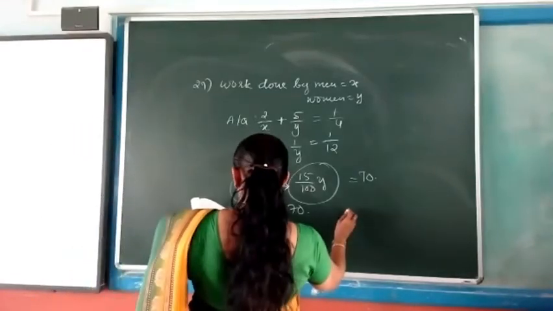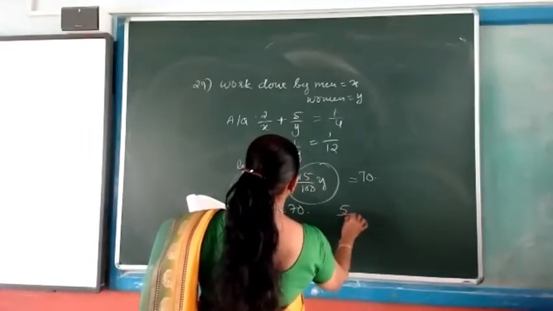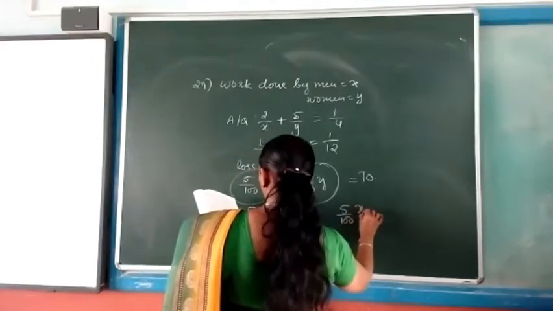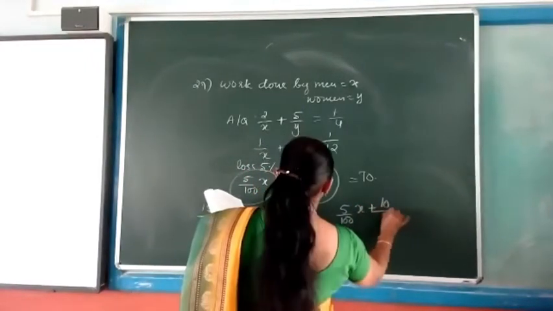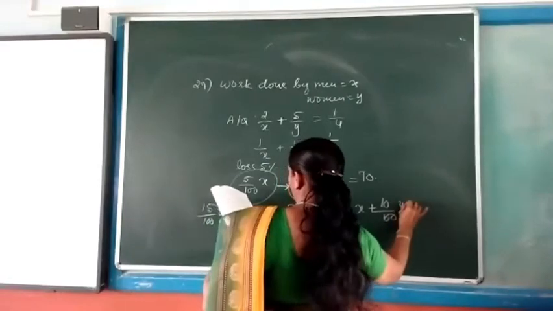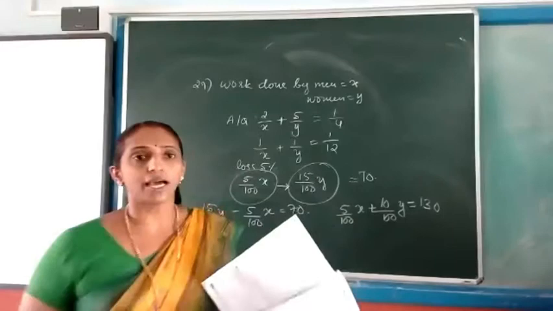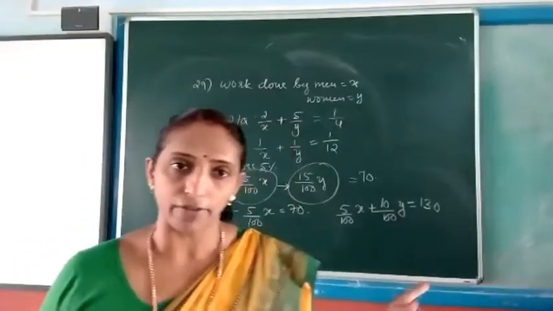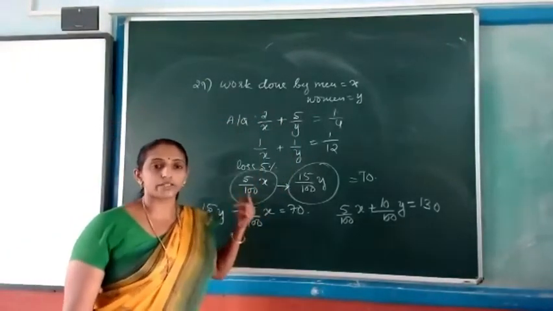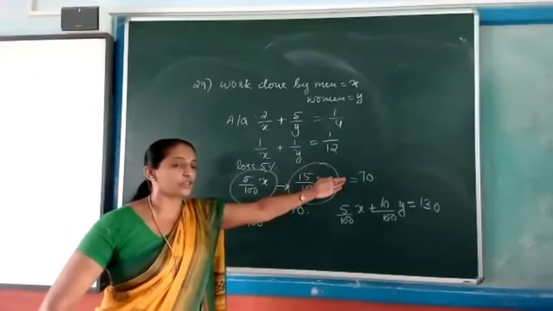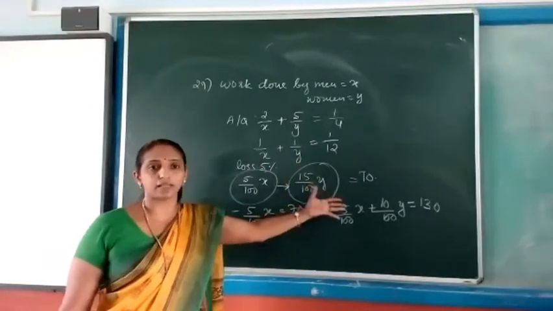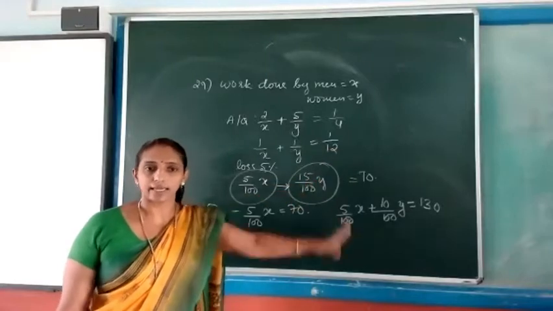Second condition: 5 by 100 of X plus 10 by 100 of Y, he gains 130 rupees. If both are gains, you have to calculate the total gain. If one is a loss and the other a profit, then the gain is profit minus loss, and the net value is 70.